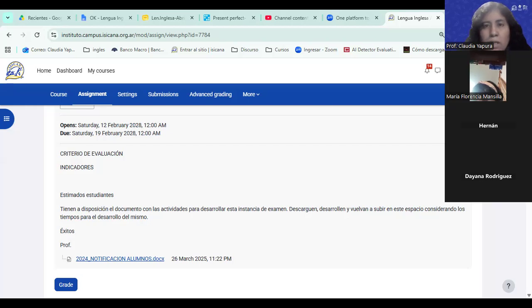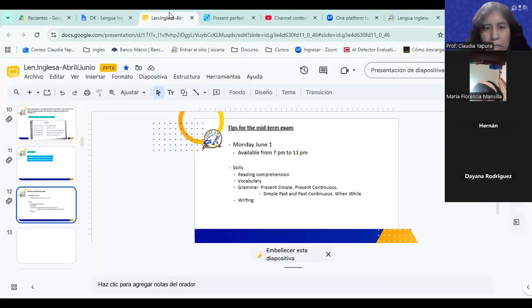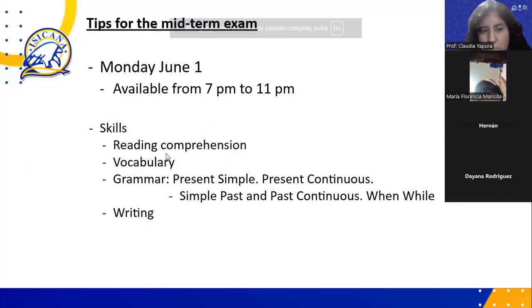Entonces, ¿qué es lo que van a tener en el parcial? Como venimos trabajando en la plataforma: Reading Comprehension, una lectura, puede ser en pasado, en presente simple, presente continuo, pasado, pasado continuo.